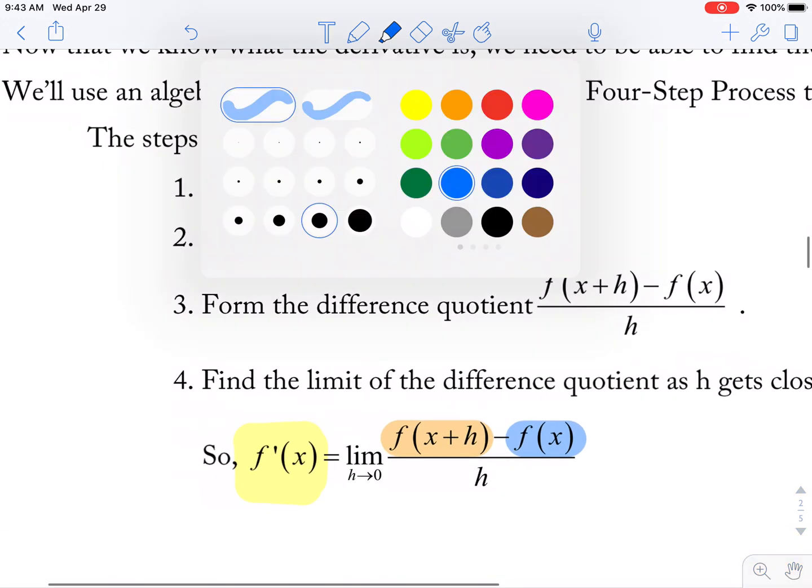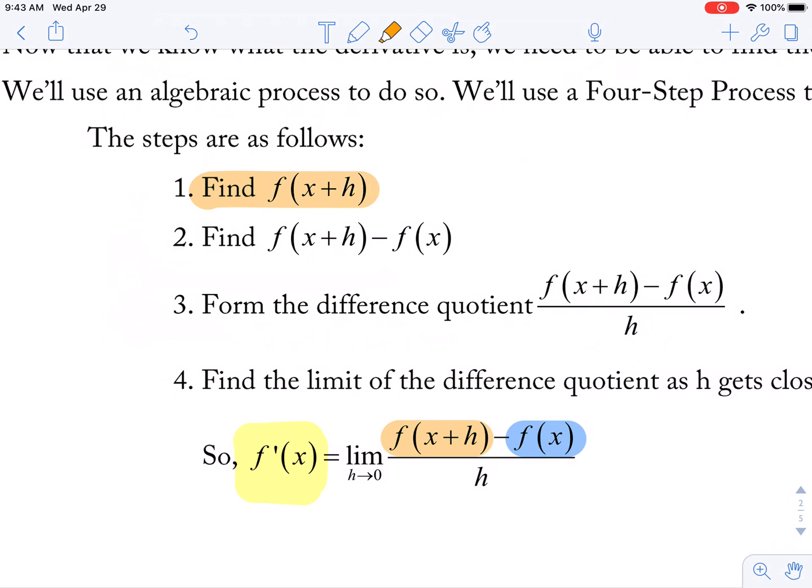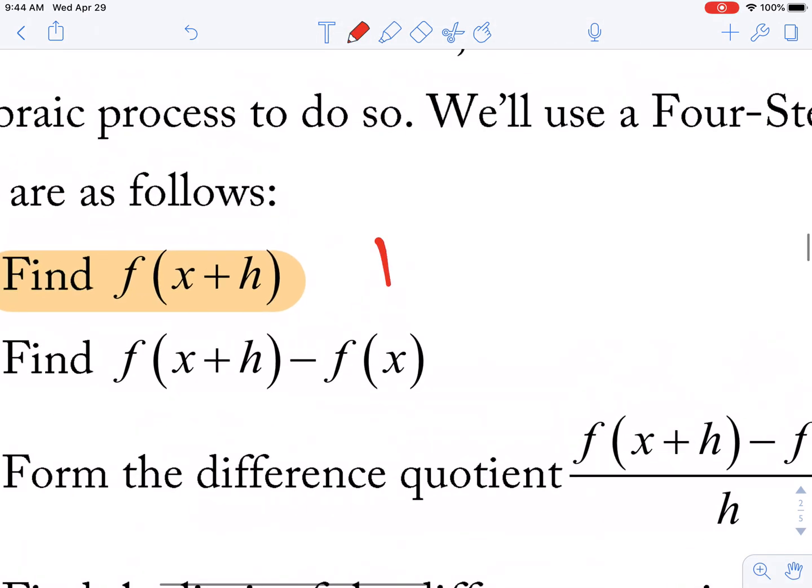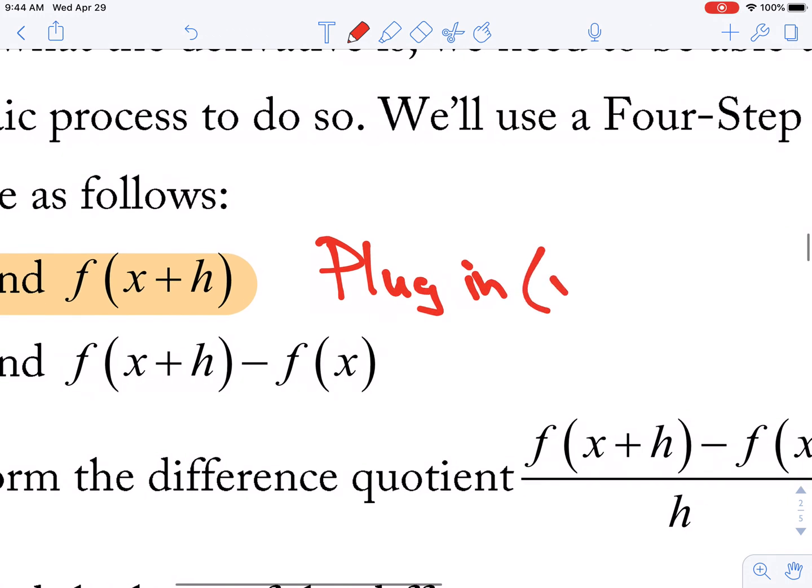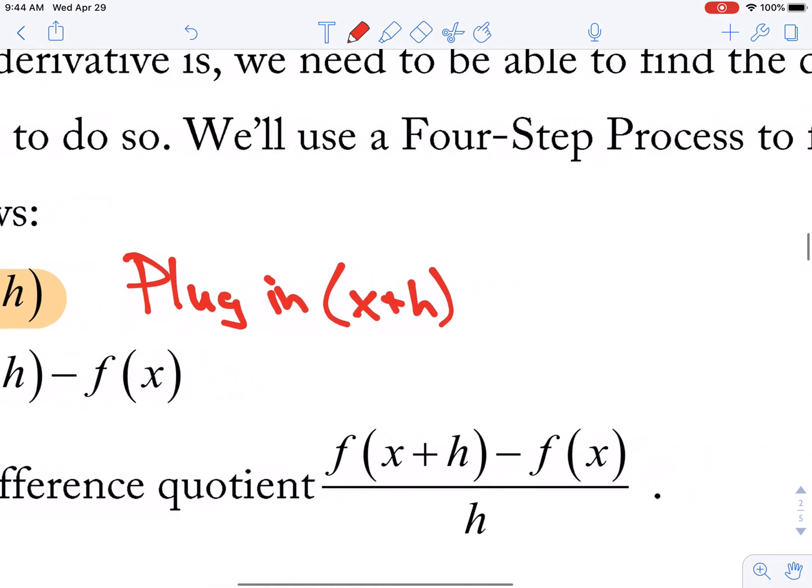The first thing we're going to do is find what f of x plus h is. What that means is we're basically going to plug in x plus h for x in the original function.